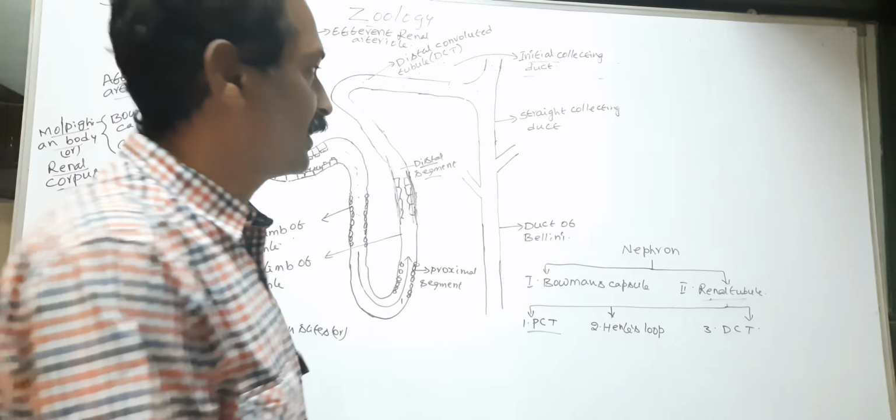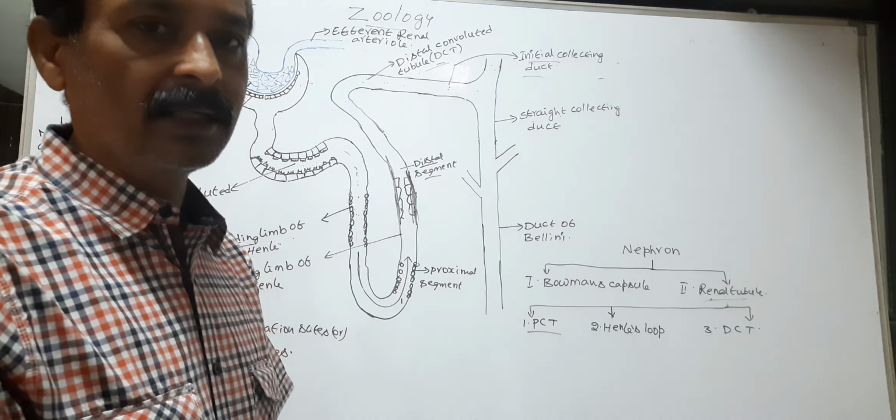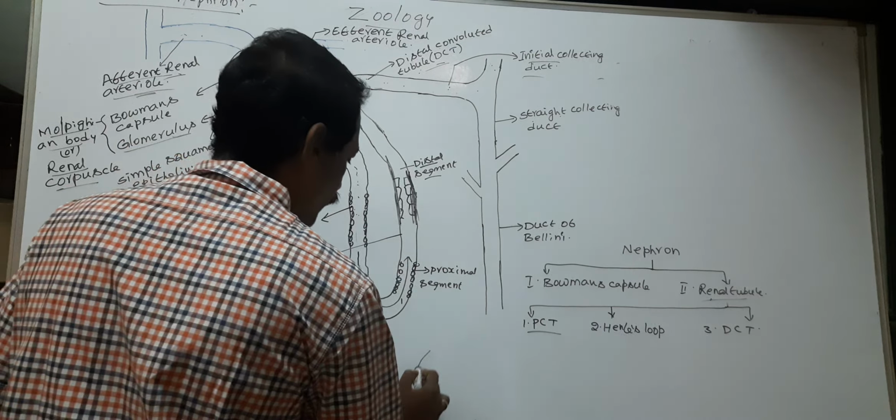Some of the straight collecting ducts of other nephrons join to form the duct of Bellini. The duct of Bellini travels through the renal pyramid.